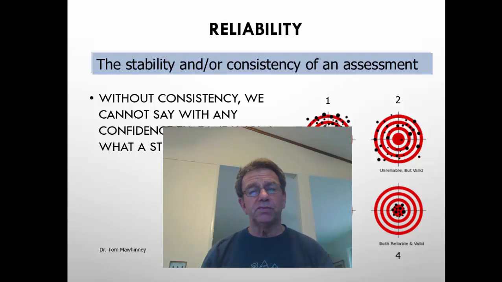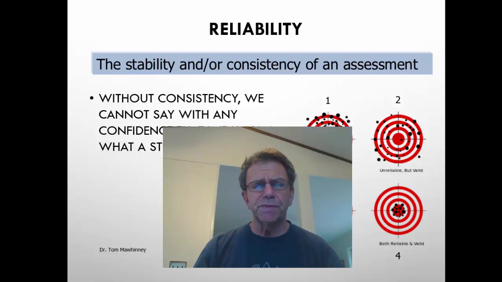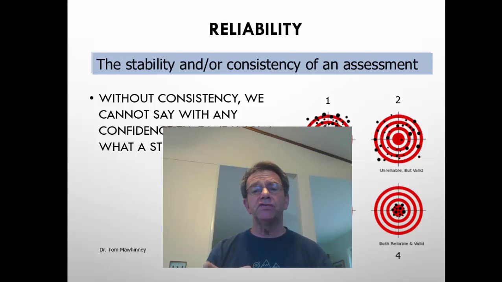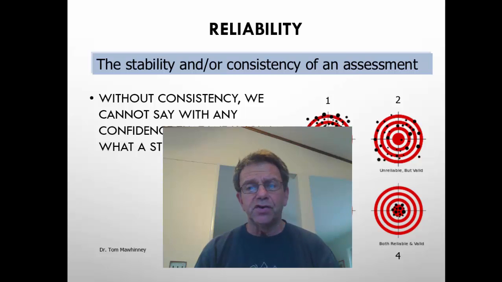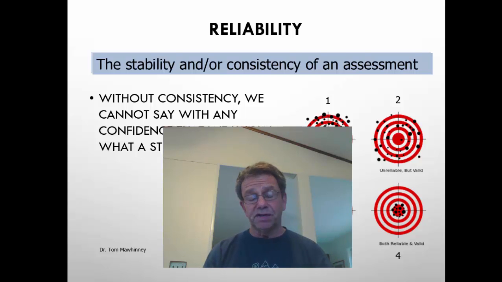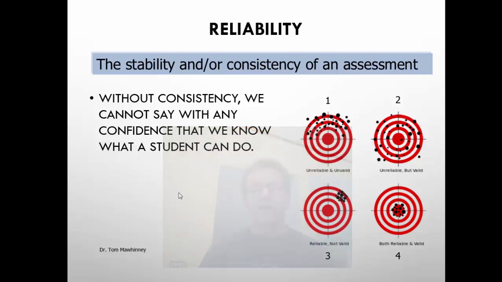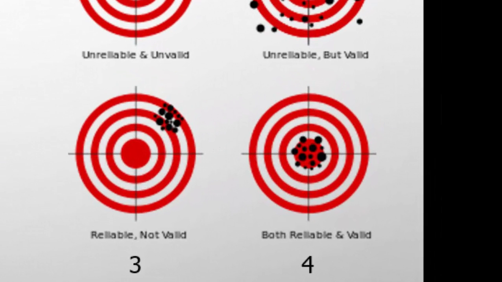One of the things that assessment textbooks like to do is use targets to show you what consistency is, because that's what it means. It means, are we consistently hitting the target? So if you look at target number 3, you can see that those results, or those darts or bullet holes or test results, are in a fine group, which means they're consistent.